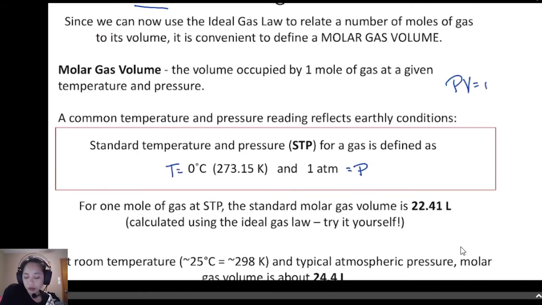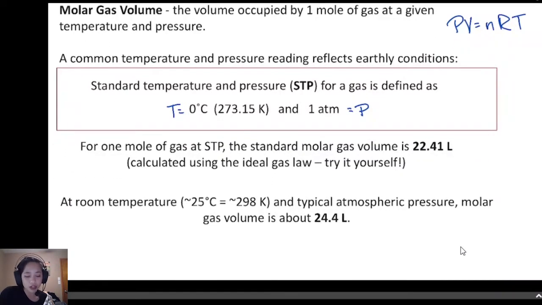So, if we remember PV equals nRT, in order to define molar gas volume, that says, 1 mole, what volume does 1 mole occupy? We have to know what T and P are as well. And so standard temperature and pressure, STP, can define that for us.